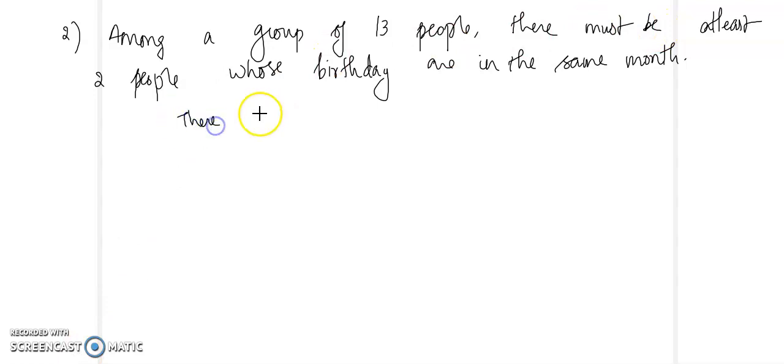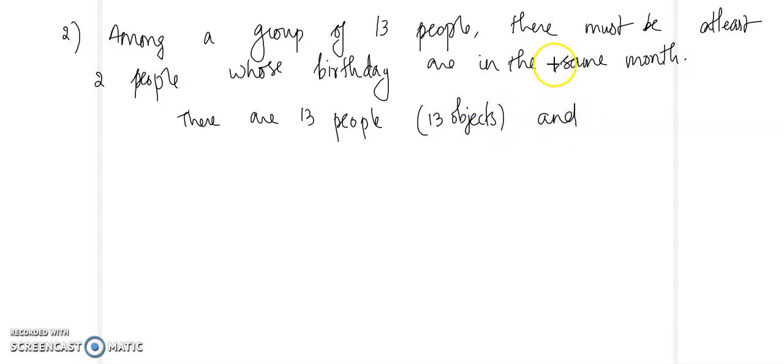So you have 13 objects and you need to distribute them into months. There are 12 months, so there are 12 boxes. So what you have here is 13 objects and 12 boxes. So there must be a box which contains at least 2 objects. So that gives the result.